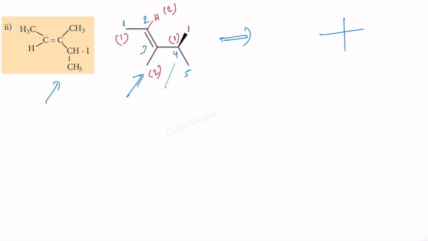To describe the RS notation correctly at 4, we once again have to use the Cahn-Ingold-Prelog rules. Iodine's atomic number is 53 and therefore that gets top priority 1. We do have a hydrogen here that is behind. That would get the least priority, that is 4.